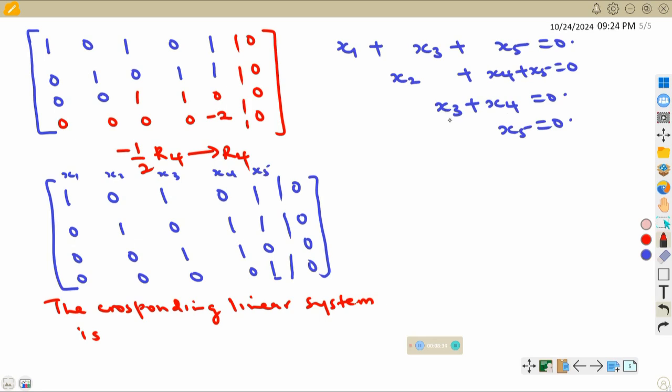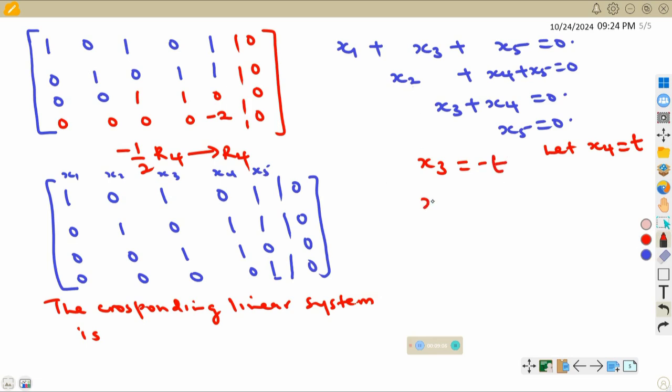So from here, we can obtain x3 as negative x4. Clearly, we can see that the free variable will be x4. So let us let x4 be t. If we let x4 be t, it means x3 will be negative t.